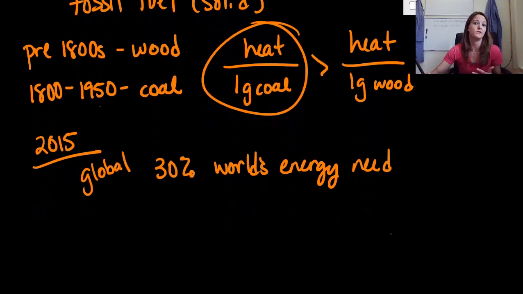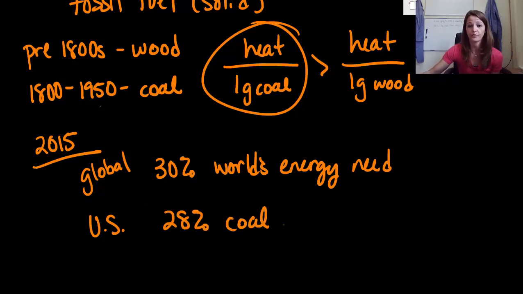But other places are not so much. Like in the US specifically, we actually own 28% of the world's coal reserves. So we are in control of the most coal out of any other country on this planet. In second place would be Russia with about 18%, and then China follows them with about 12%.